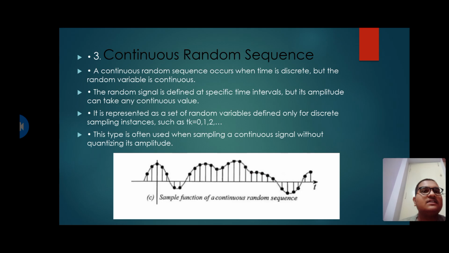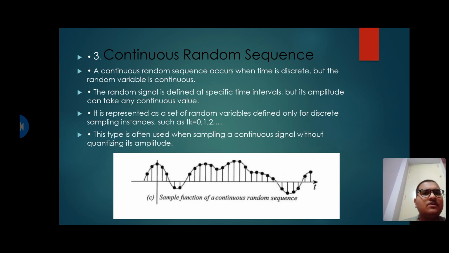It is represented as a set of random variables defined only for discrete sampling instances, such as t_k equal to 0, 1, 2. This type is often used when sampling a continuous signal without quantizing its amplitude.